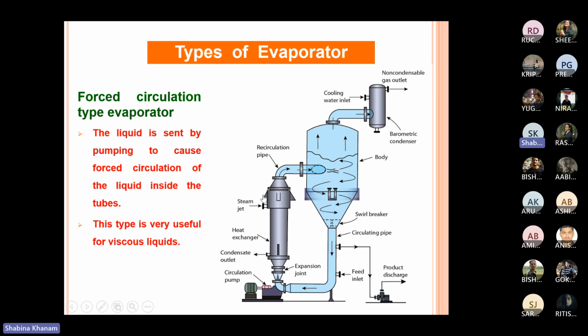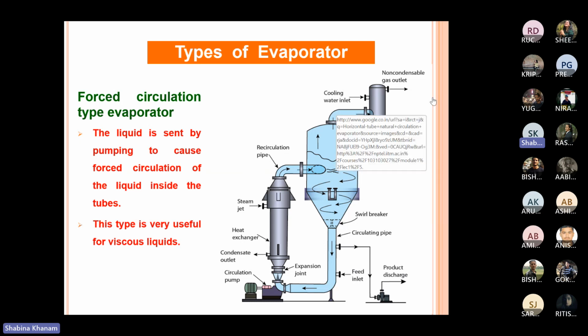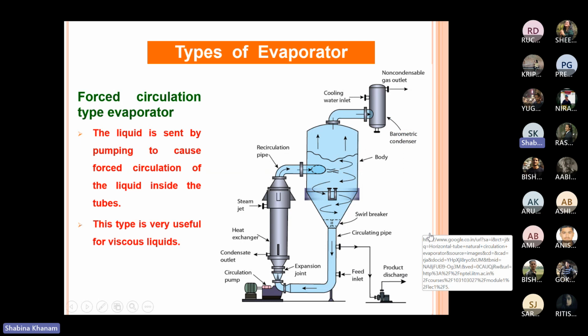So this is the heat exchanger, then we have the vapor liquid separator, and then here we have the recirculation pipe. Whatever vapor is generated in the separator enters into the condenser to give clear liquid as the product.